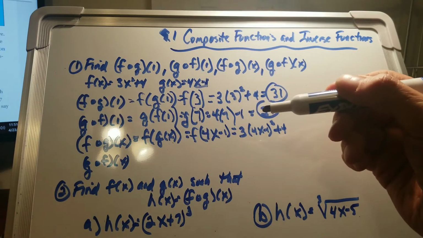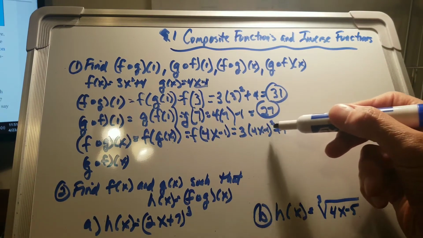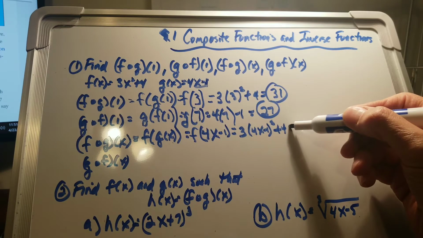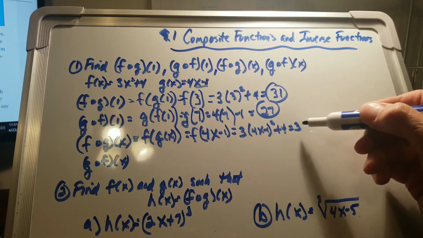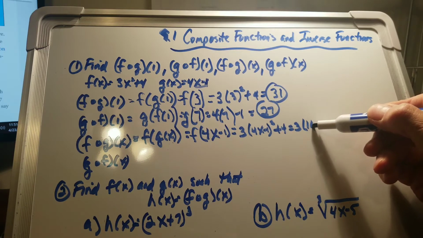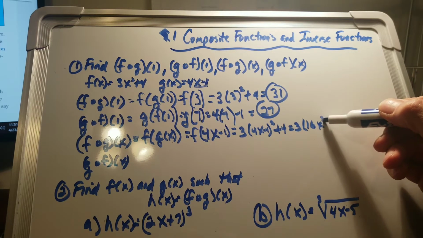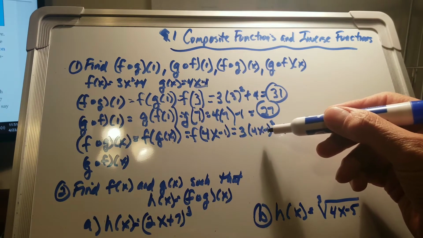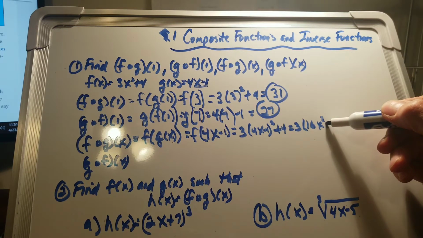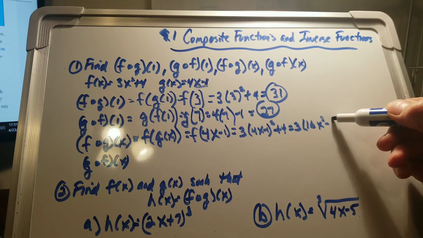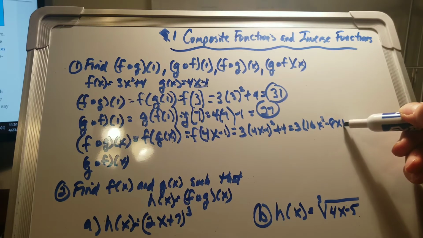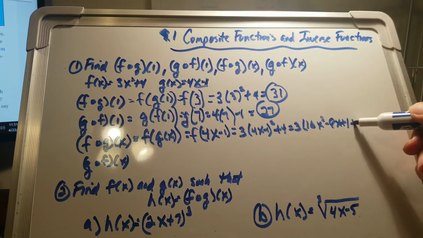Okay, and you are going to square this function. That would be 3 times, and you square this, write it twice, and you're going to get 16x squared minus 8x plus 1, plus the 4.